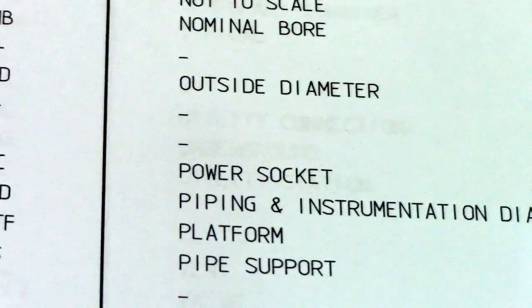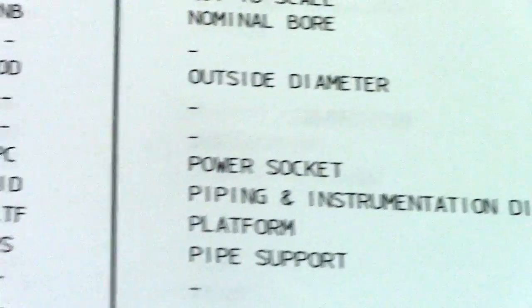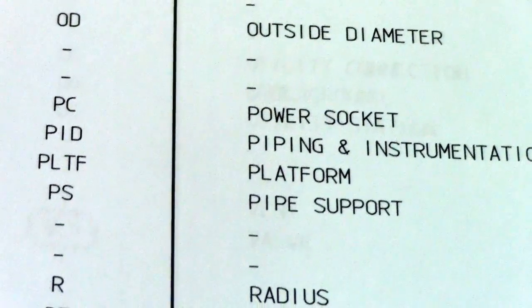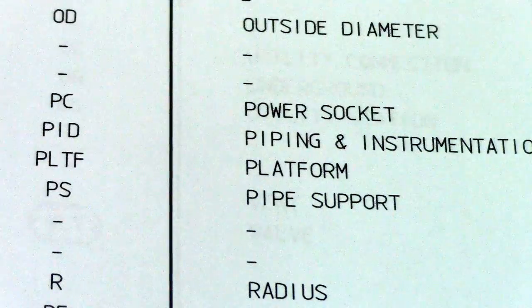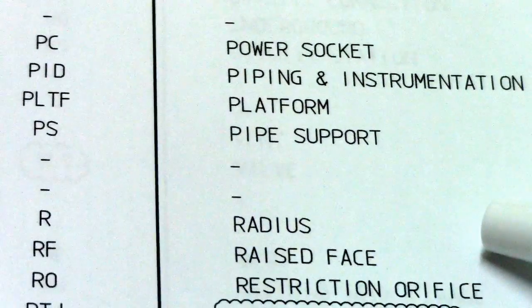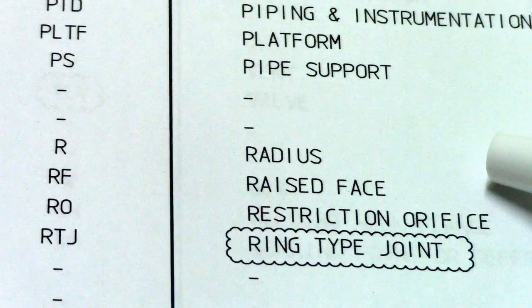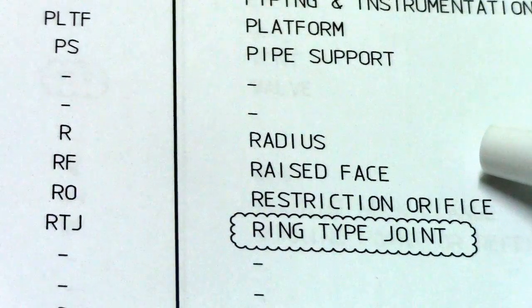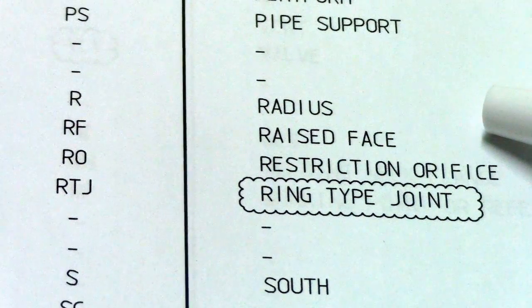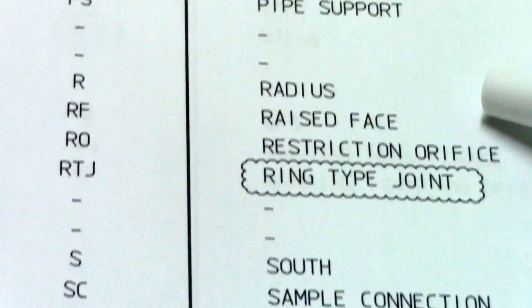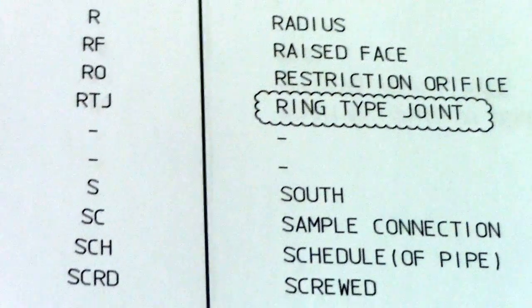Piping and instrument diagram, P&ID. Platform, pipe support, PS. Radius R, RF raised face, RO restriction orifice, RTJ ring type joint.